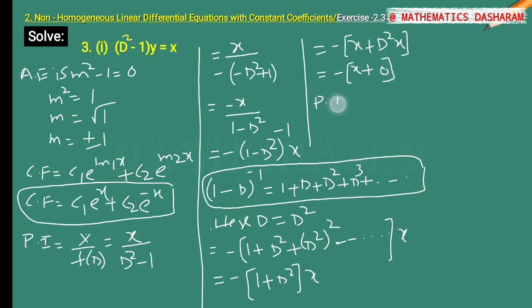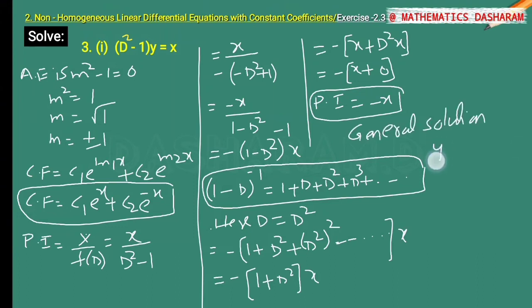So then the particular integral is only -x. Now write the general solution. The general solution y equals complementary function plus particular integral. So the complementary function is c1 e^x + c2 e^(-x), and the particular integral is -x, which is our required answer.